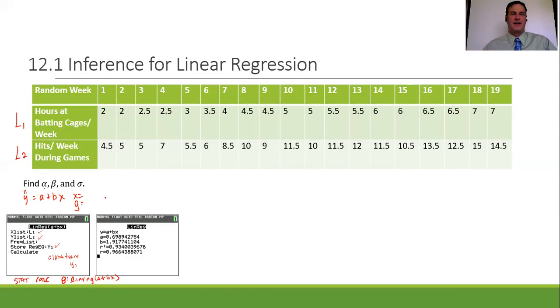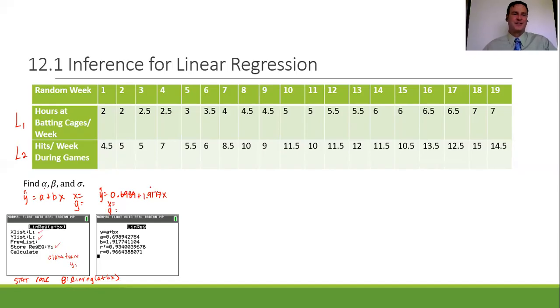Oftentimes, just out of habit, I will write those in. I'll say y hat is equal to 0.6989 plus 1.9177x. Then I can describe x and y as well, which we will do a little later, but that doesn't really answer my question.